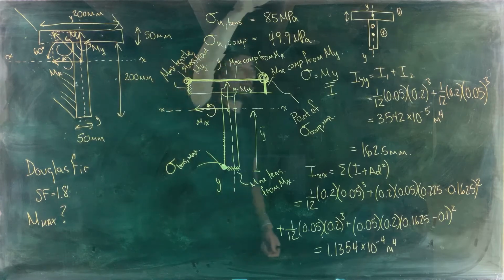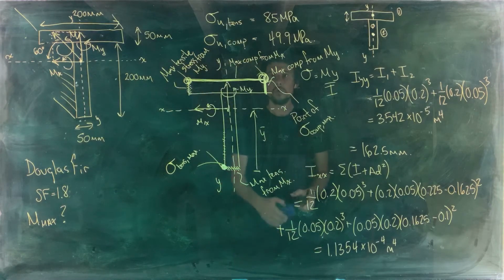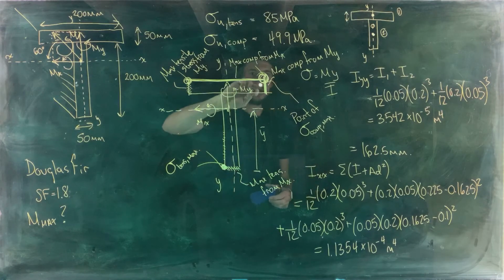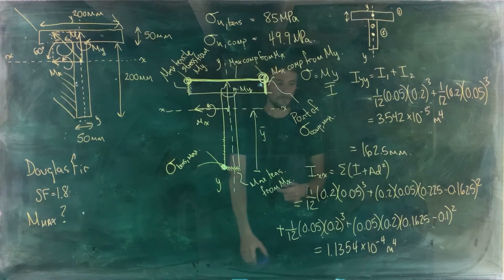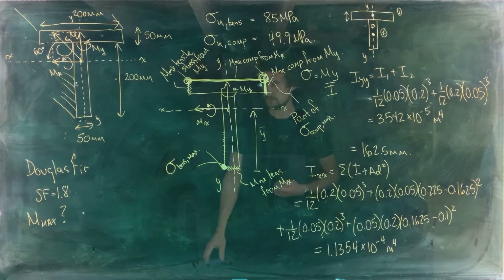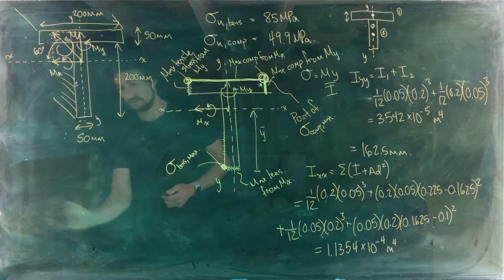Okay, let's continue on. So let's do our calculation for the maximum moment for our required safety factor at the point of maximum compression first. Okay. So maybe I'll do this one over here.